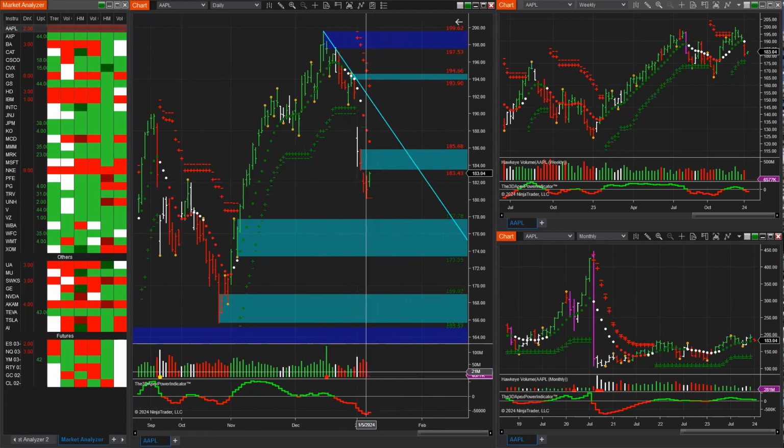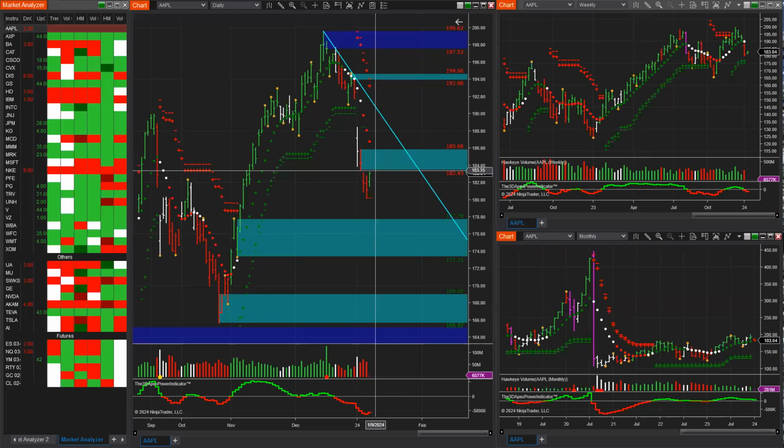I need to see green volume and I need to see price action close higher than that trend line, showing that that downtrend corrective move was broken. And then that it will return in the direction of the longer term trend, which is what we have established over here on the weekly. So daily breakup trend with the weekly direction is good for a buy point.